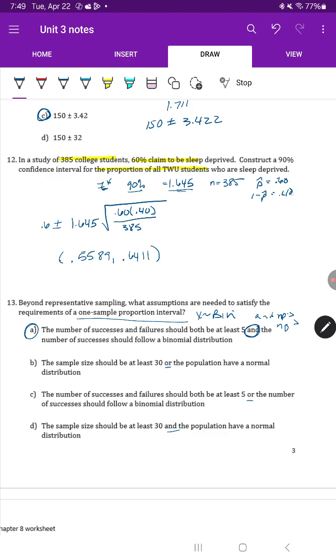Usually when I'm doing this, if I have P hat, I turn around and find 1 minus P hat just to make typing this in easier. So my Z star came from here. I put the rest of these into my formula, and I'm going to get a confidence interval of 0.5589 to 0.6412. Remember, these are proportions, which means all of them should be greater than 0 and less than 1.